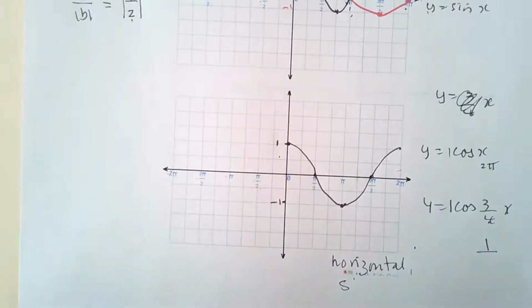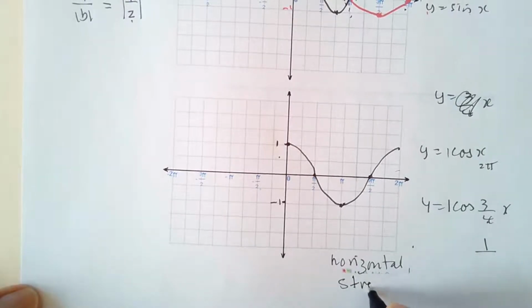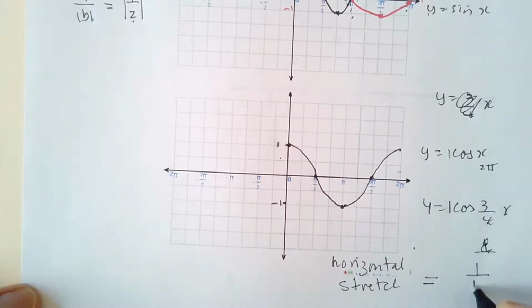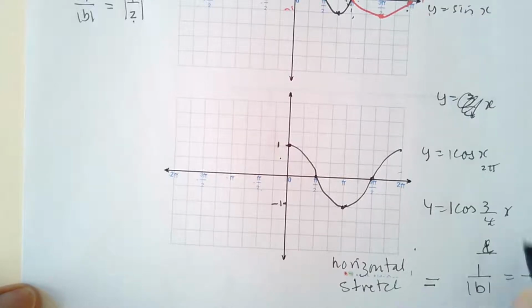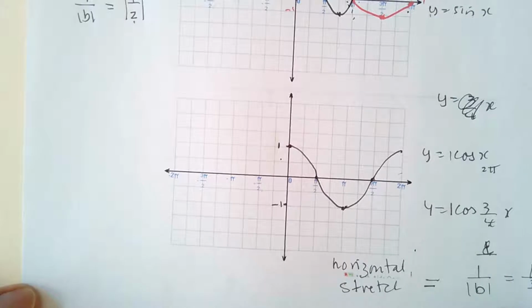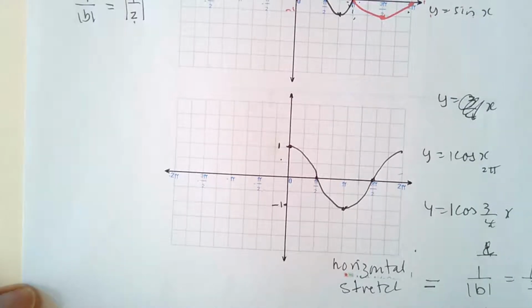In this case, the stretch is 1 over b, which is 1 over 3/4, which is equal to 4/3.